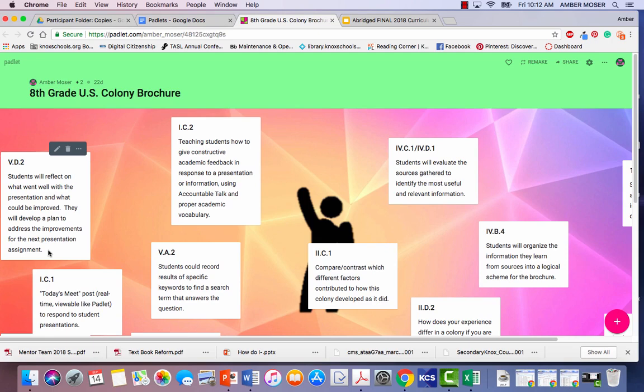They need to come up with some strategies for addressing those things that they know they maybe struggle with or aren't completely competent with just yet. They need to come up with a plan for addressing those in their future work. So I didn't change the teacher's assignment. I just added something to it to make it rise to the spirit of the new standards.